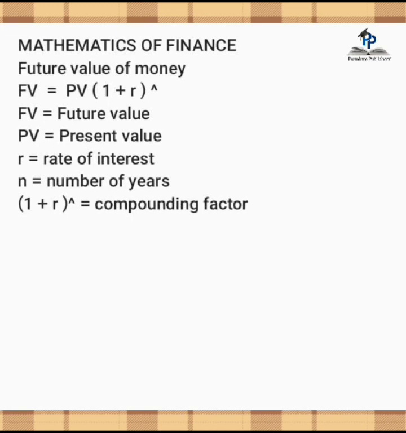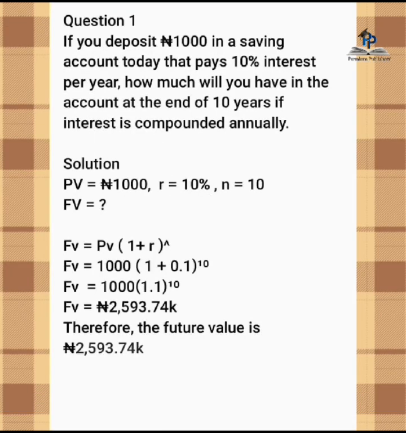So in this particular topic, we're going to take a question. Having explained how the formula looks like, we're going to take a question to show us how to calculate future value of money when the present value of money is given and we're expected to find the answer.